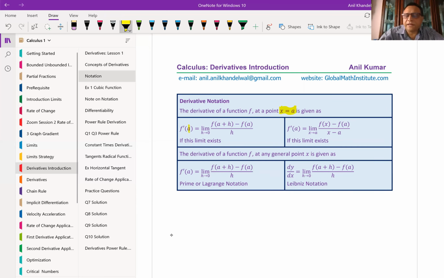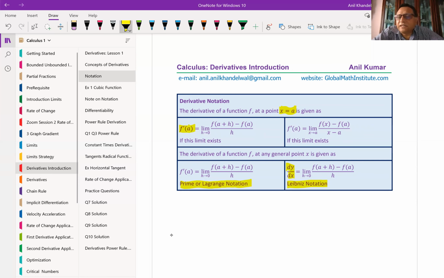So we just treat it as a general derivative of the function itself. Now, in one of these definitions, we use f prime x. This is called prime or Lagrange's notation. For simplicity, we just call it prime notation, but the scientist's name has been honored, and it is very popularly known as Lagrange's notation. The other one is we use dy dx, and this is called Leibniz notation.